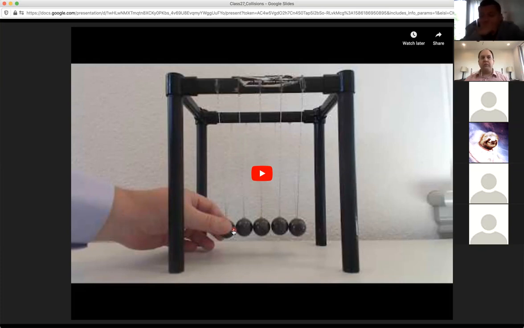So for the brief moment that ball number 1 is hitting ball number 2, or ball number 2 is hitting ball number 3, or ball number 3 is hitting 4 or 5, that force is way bigger than any other force acting on that ball. So we can assume it approximately conserves momentum.